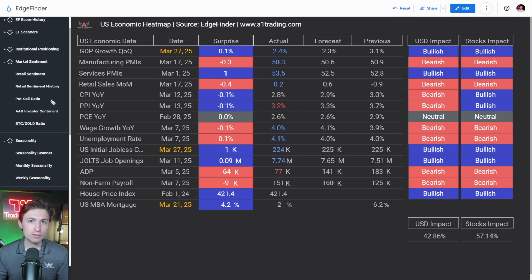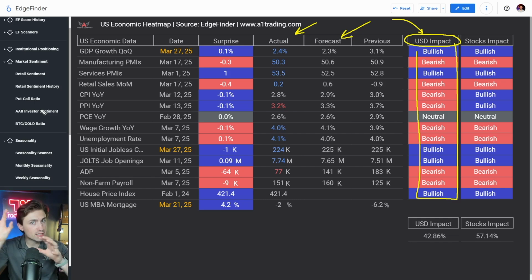Now, this can get confusing really fast, so we've made it easy to read. When we take a look over here, if you're a currency trader or a gold trader, take a look at the US dollar impact and think about it logically. What we have is the bullish and bearish readings based on how the data fell relative to forecast. This is what it's all about in markets. Again, the market trades on expectations versus what actually happens. And knowing those trend shifts can be very powerful.